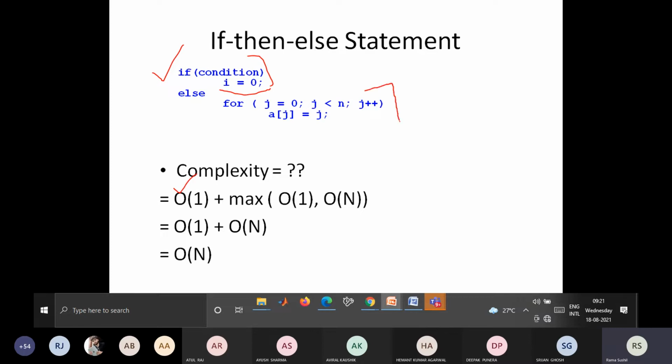Then after that you have this loop, so we have to go for the maximum possibility, the maximum number of times it can run. Now in this case you find a max of either this one or this one. Why is it represented so? Maybe the condition is false, then it will not run. But even then you have taken this separately also.